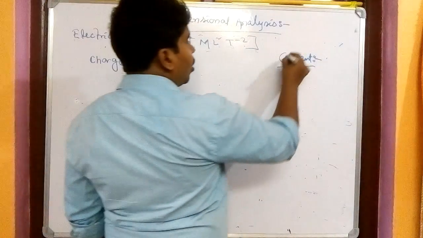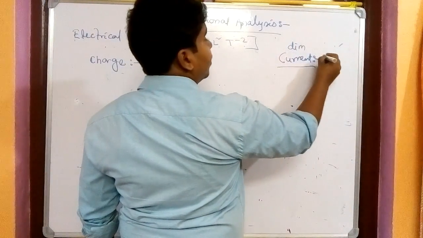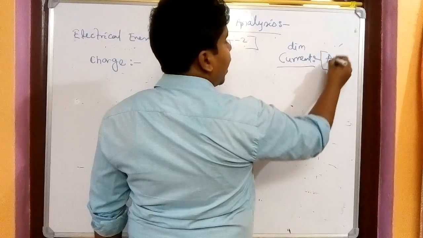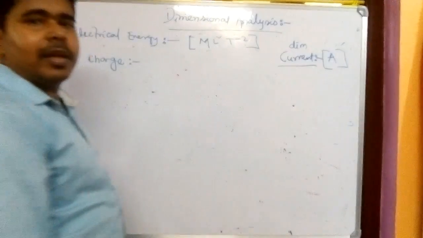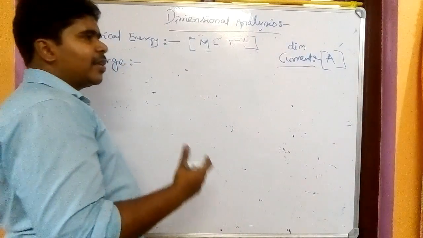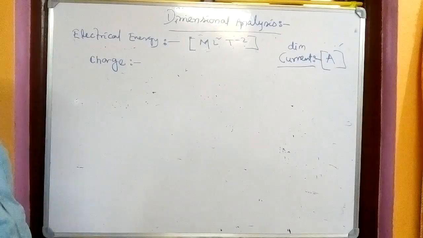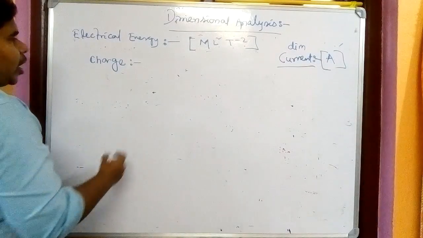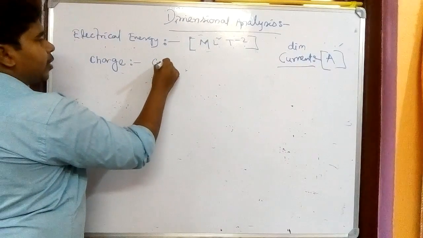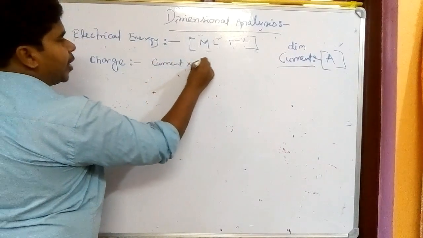So the dimension of current is taken as per its unit, ampere. That is known by everyone. That is the unit of current, and that is taken as the dimension of current, A. And charge equals, we know, current into time.